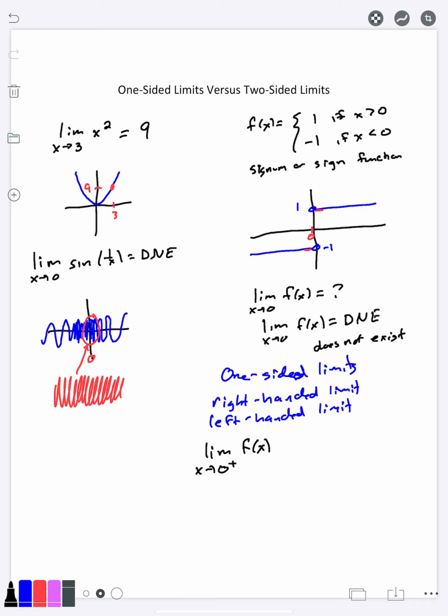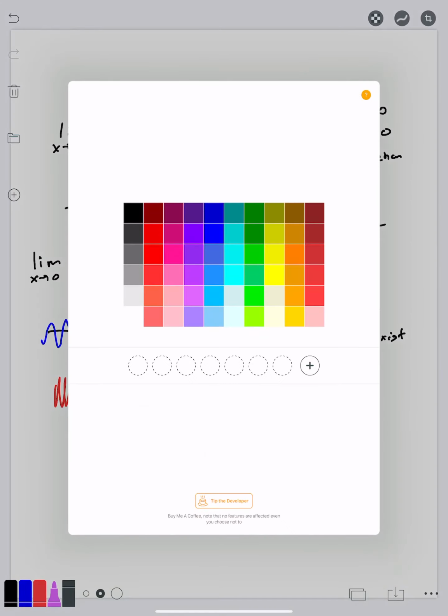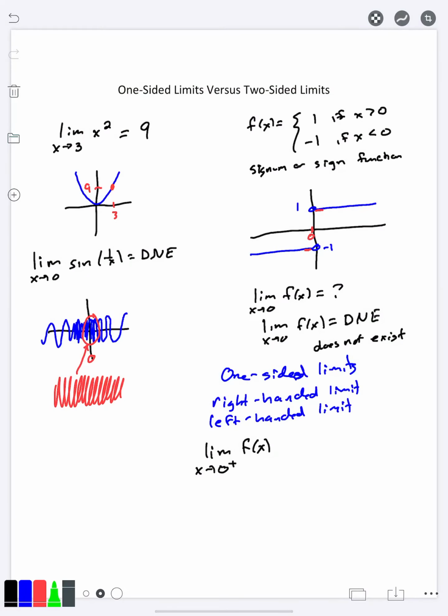Now, that does not mean that I'm doing a positive 0. Because in fact 0 is not positive or negative. All I'm doing is when I put a plus on the right upper corner means that I'm going at the right hand side of 0. And if I look at my graph here, on the right hand side of 0, my y value is always 1, and so this right-handed limit would have the value of 1.